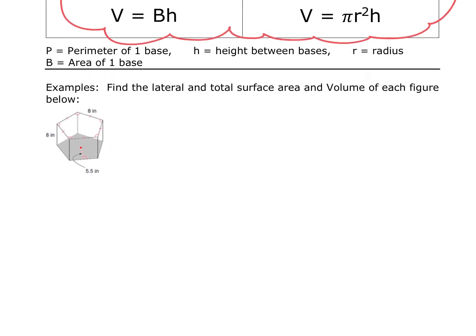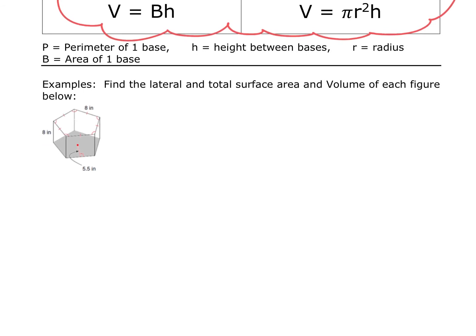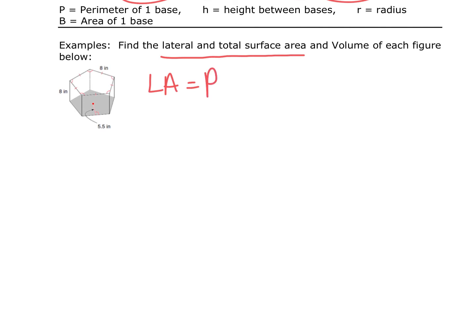Our first example is find the lateral and total surface area and volume of each figure below. We're only going to find the lateral and total surface area today. Our lateral area, according to our formula, is the perimeter times the height. We can see here that our perimeter is 8 on each side times the number of sides.